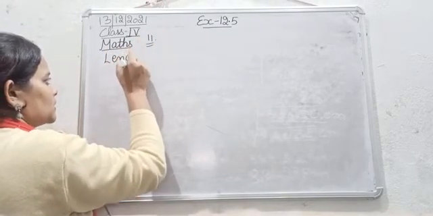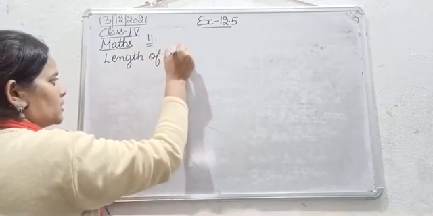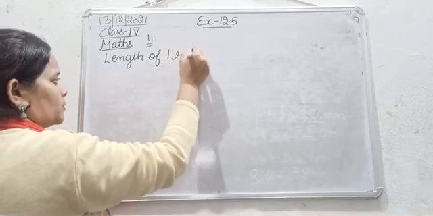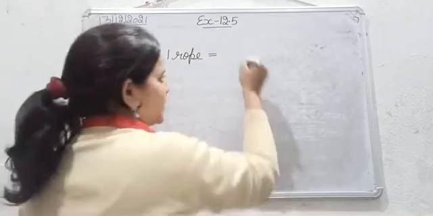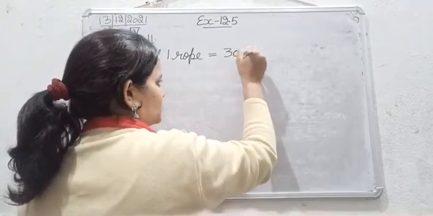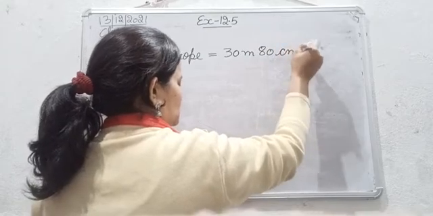Length of one rope, that is 30 meter 80 centimeter.